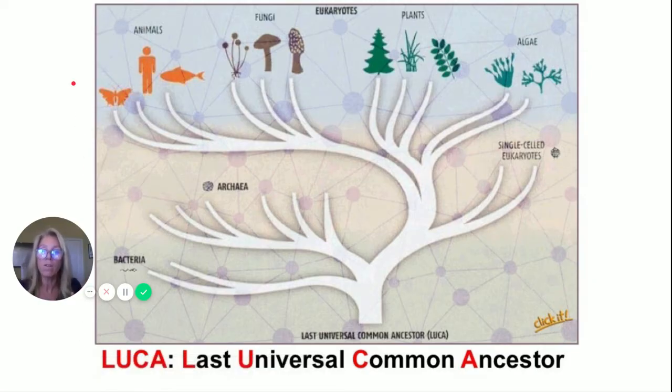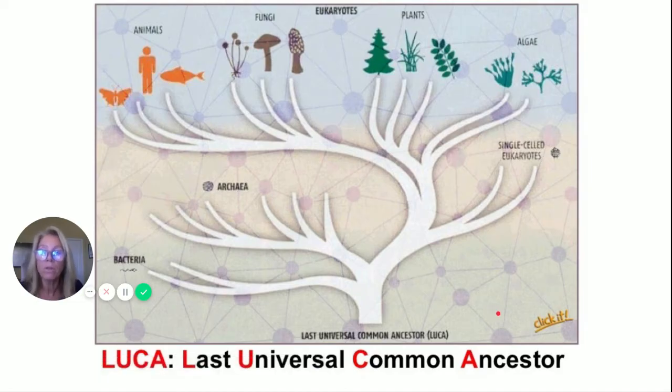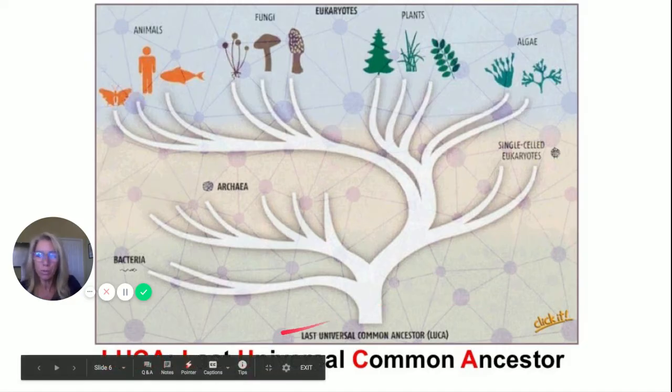ancestor. So they call this LUCA, the last universal common ancestor that gave rise to all these different forms of life. And there may be more than one LUCA out there, but just the similarity in how we store information, how we transfer information, our metabolic reactions, the universalness of that points to LUCA.